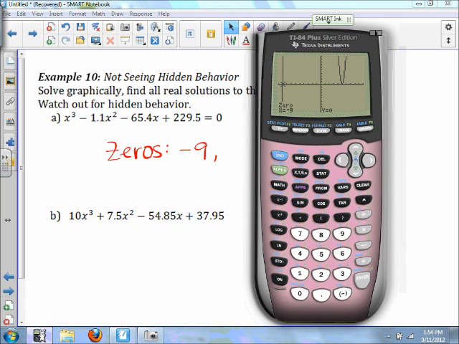Now, if we do this again, you have to be careful when you look at around 5. So what I'm going to do, I'm going to zoom in.